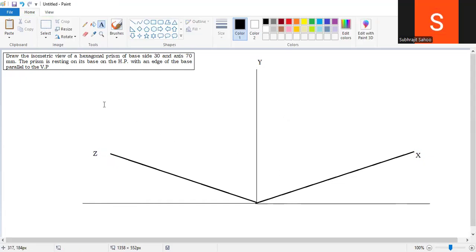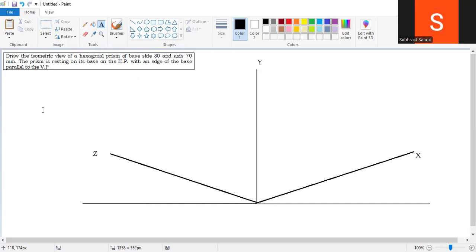Sir, a hexagonal prism I need to draw here. Before drawing this, first you need to prepare a hexagon based on this dimension.